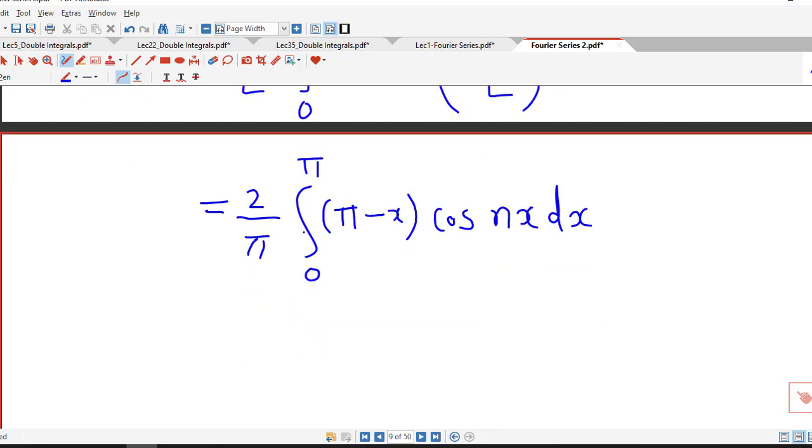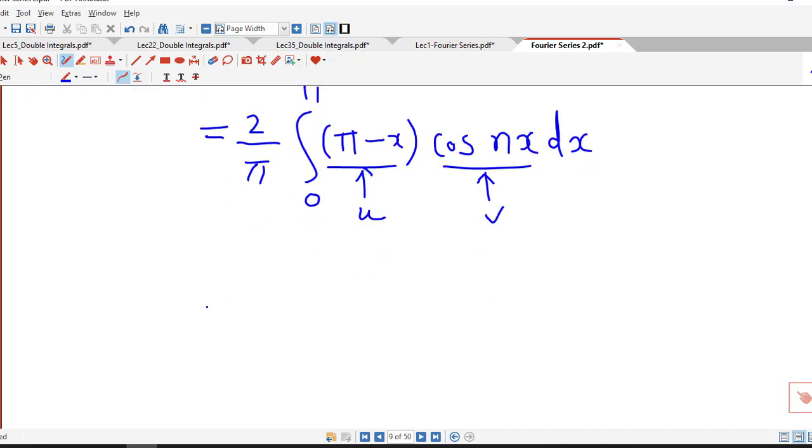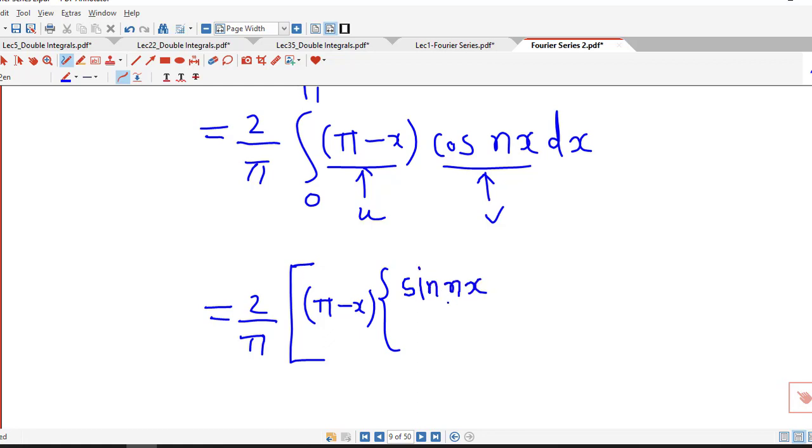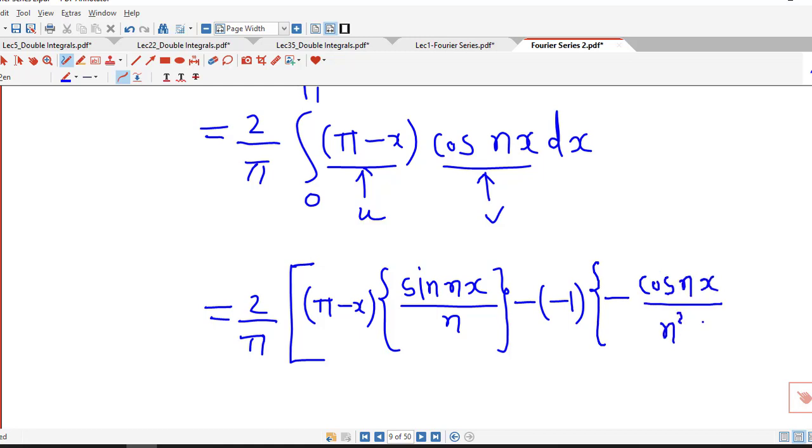So now we apply integration by parts by taking u equal to pi minus x, v equal to cos nx. So pi minus x as it is, the integral of cos nx is sin nx divided by n, minus the derivative of pi minus x, which is minus 1, times the integral of sin nx by n, which is minus cos nx divided by n square, with x from 0 to pi.